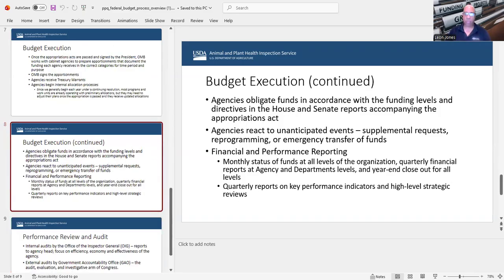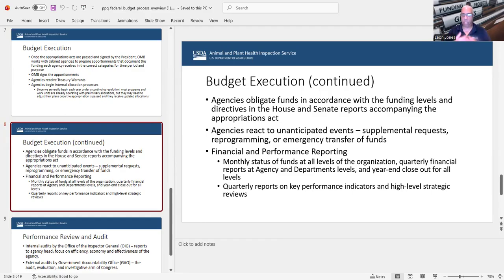Now, agencies obligate funds in accordance with the funding levels and directives in the House and Senate reports accompanying the Appropriations Act. Again, you hear all this language on television, and I'm giving it to you for free.